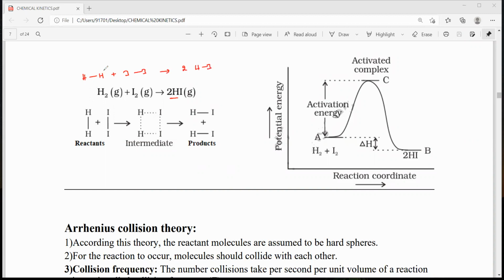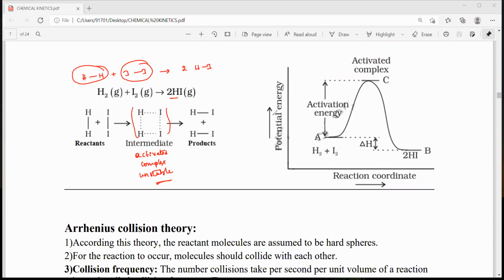These H2 and iodine molecules collide with each other and form a transition state or activated complex. Now this is the activated complex, dear student. This activated complex is again converted into products because it is unstable.